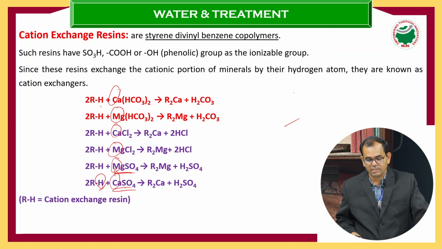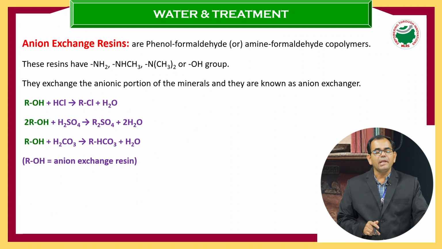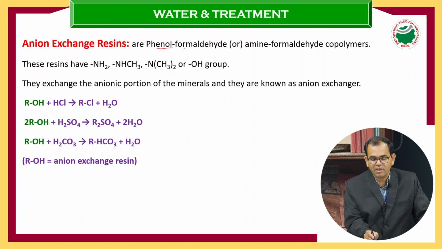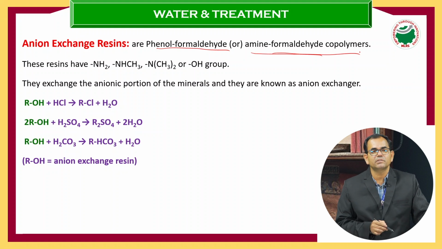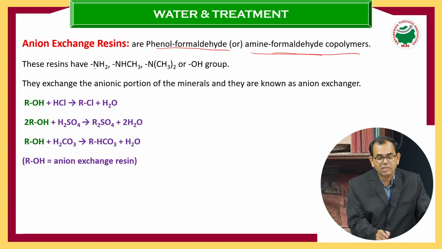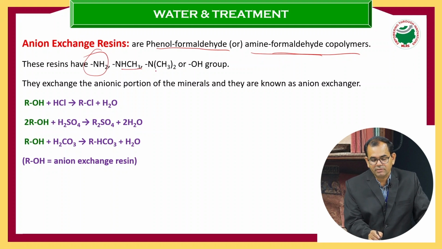Now let us see anion exchange resin. Anion exchange resins are phenol formaldehyde or amine formaldehyde copolymers. Now let us see what the examples for these resins are. Amine groups NH2, NHCH3, and again tertiary methylamine and OH groups.